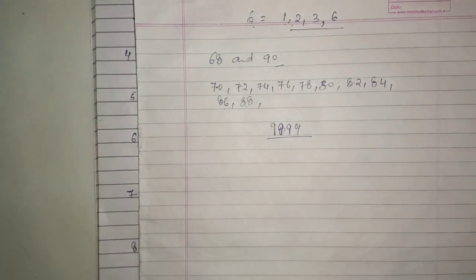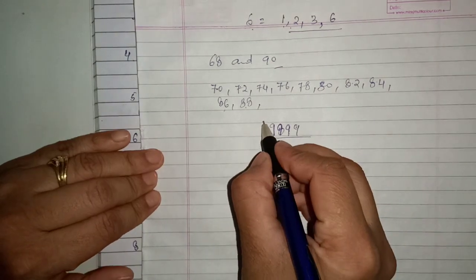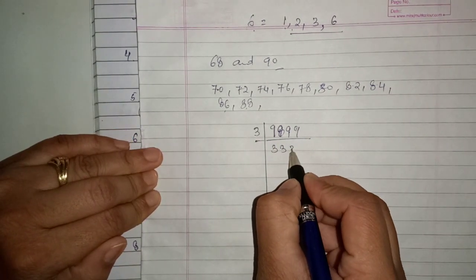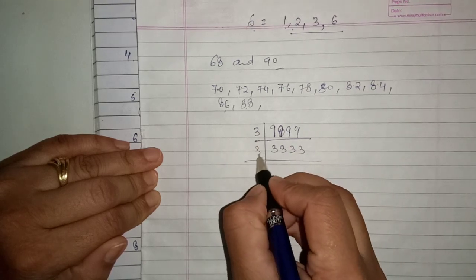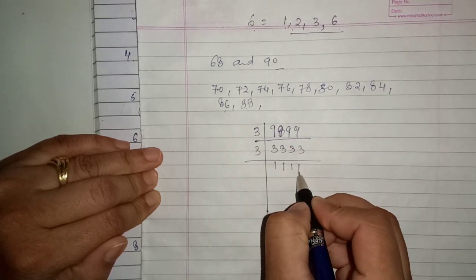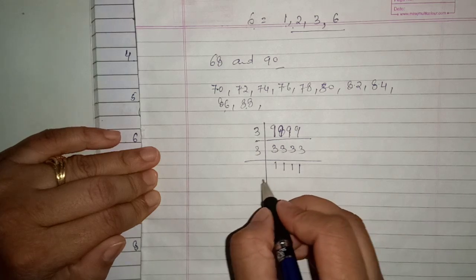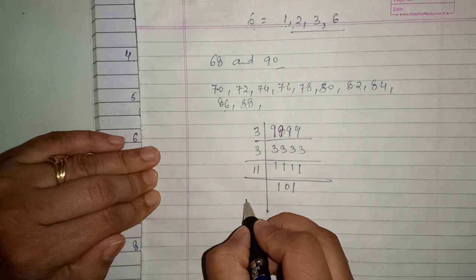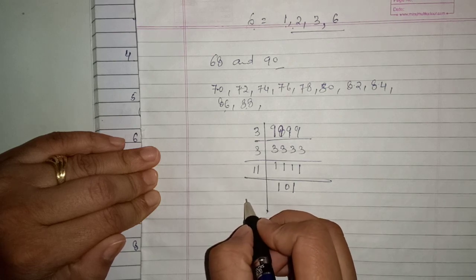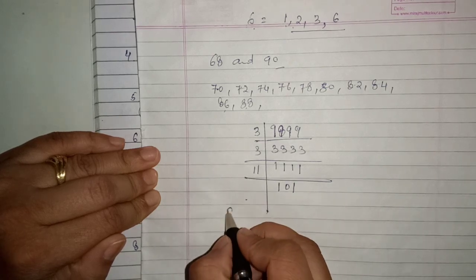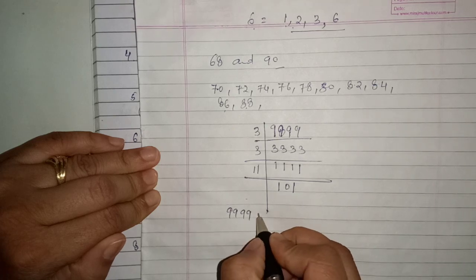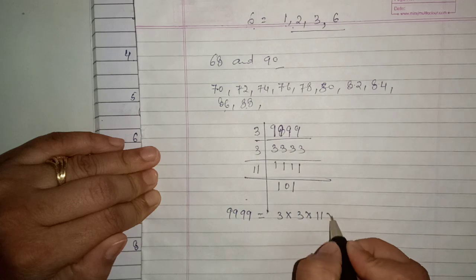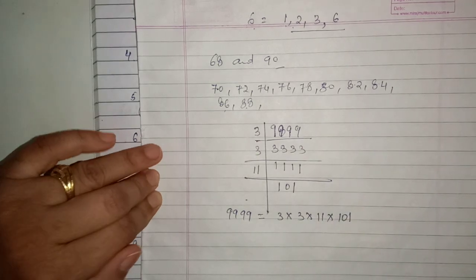So here we will find the prime factors. First divide by 3, then again by 3. Now again we can divide it by 11. And next, we get the prime factors of the largest 4-digit number as 3 into 3 into 11 into 101.